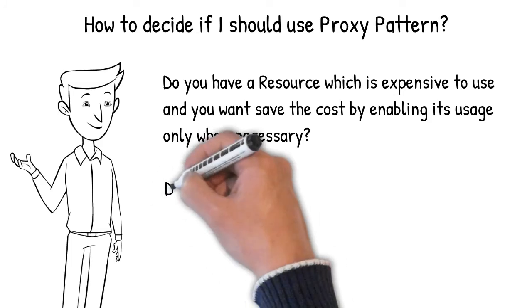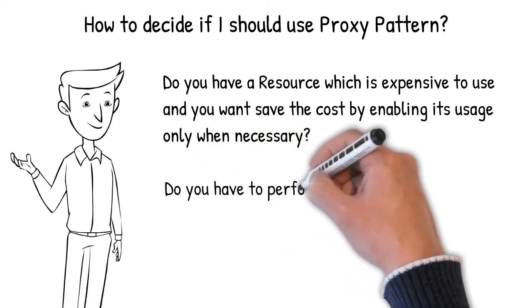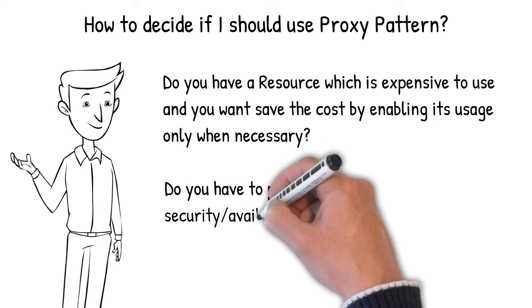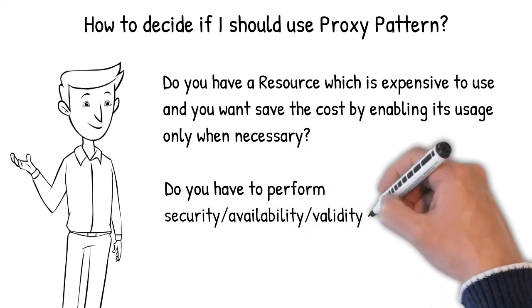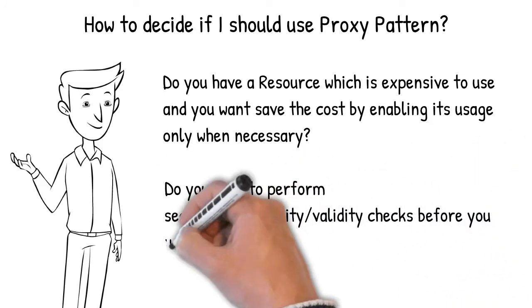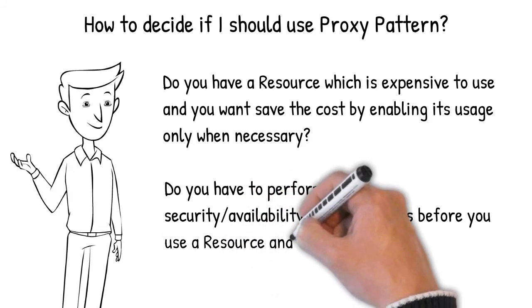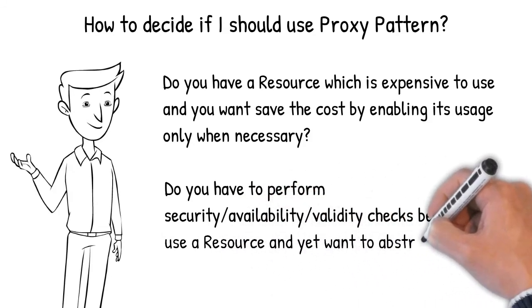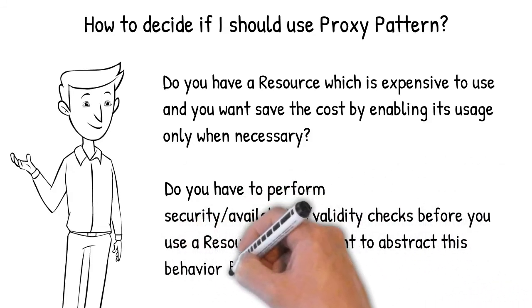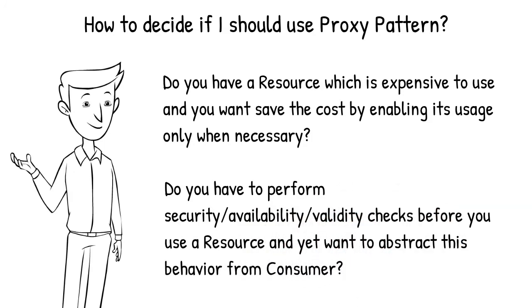The second question is, do you have a use case where you want to perform security, availability, or validity checks on a particular resource before you actually consume it, and you still want to abstract these checks from the consumer? If the answer to any of these questions is yes, you should use proxy pattern.